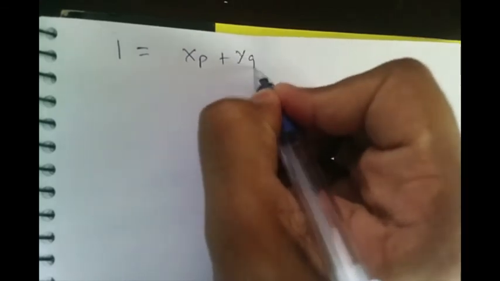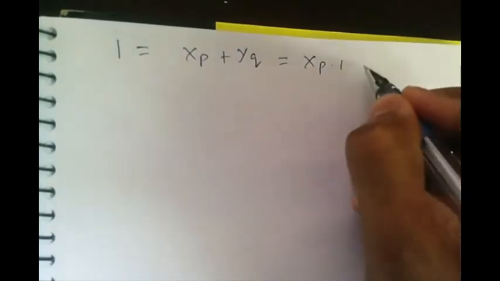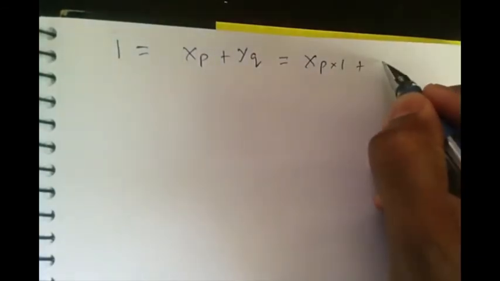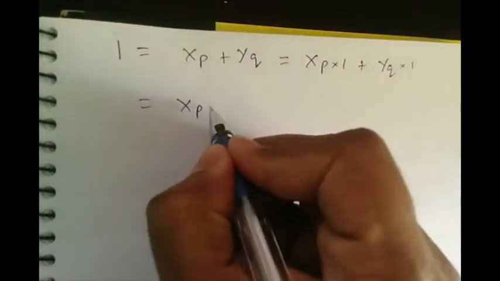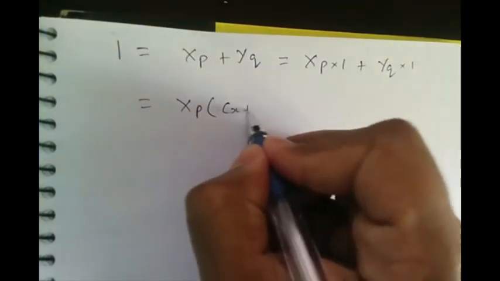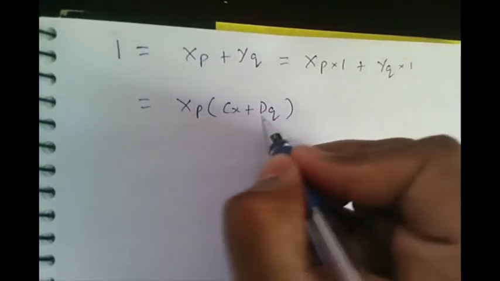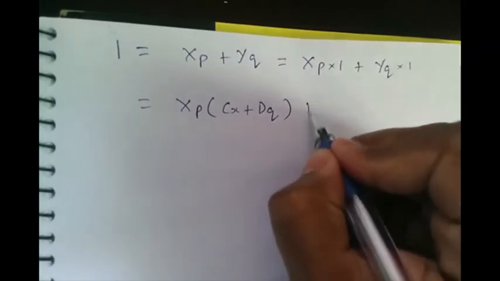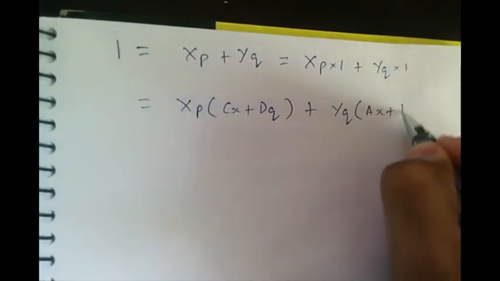So say 1 is xp plus yq, because GCD of p and q is 1. I can write this as xp times 1 plus yq times 1. This is xp into, replace the 1 with cx plus dq, because I want to get the product pq, and pq is n, so I want to do that, and yq into ax plus bp.